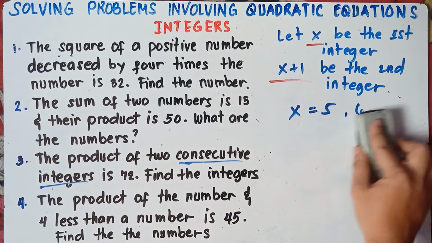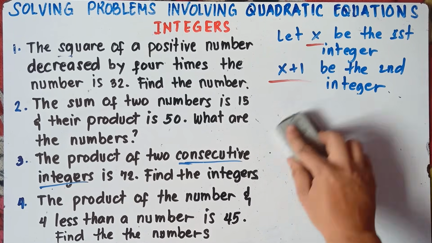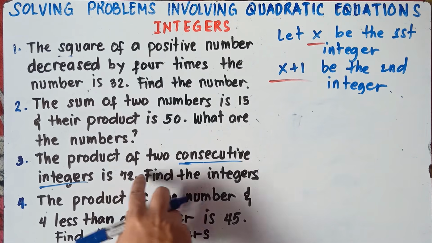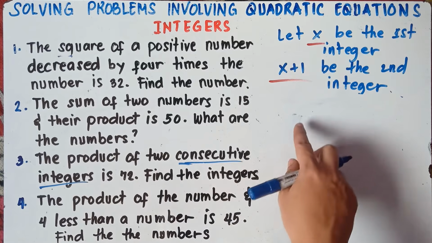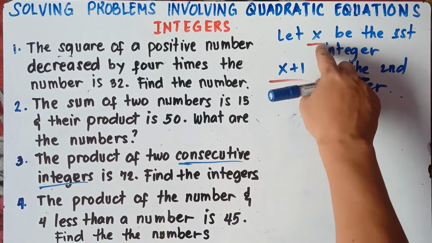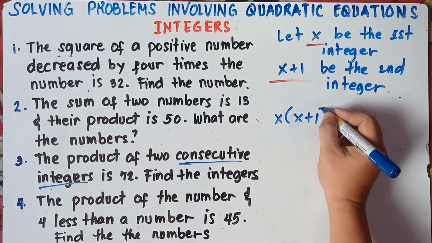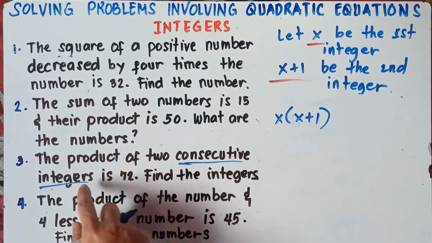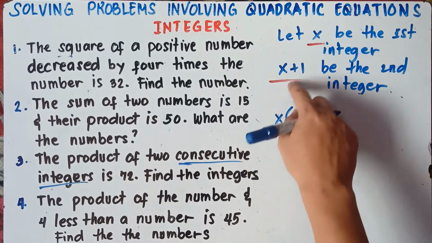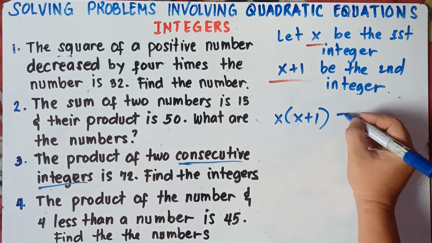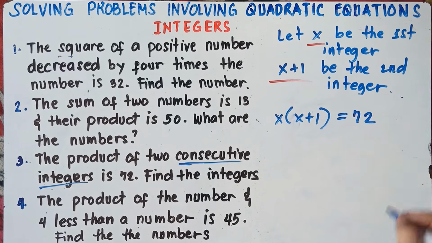Alright, I hope it's clear for you, class, for number 3. The product of two consecutive integers is 72, so we need to multiply these expressions. That would be x multiplied by x plus 1, and their product is equal to 72.